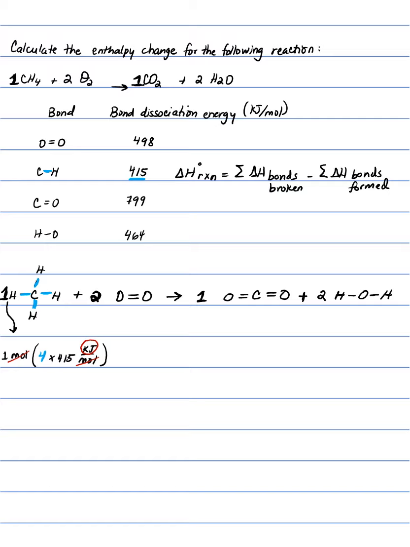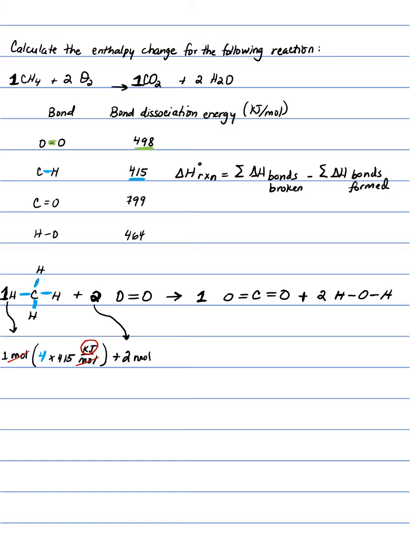We have to do the same thing with everything on the reactant side. So now for the next one, you have 2 moles. So I'm going to write down 2 moles. And now for the oxygen, look, the double bond between oxygen atoms has an energy equal to 498.